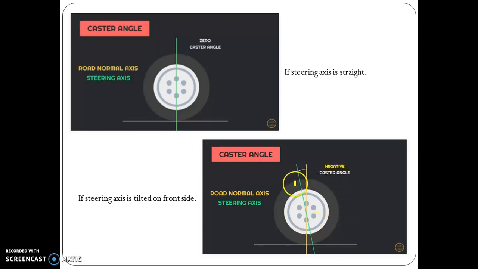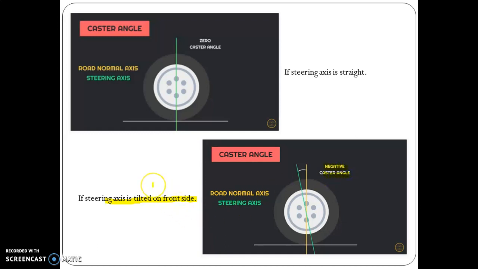It means when the steering axis is tilted on the front side, then the angle made with the vertical axis of the wheel is called negative caster angle.